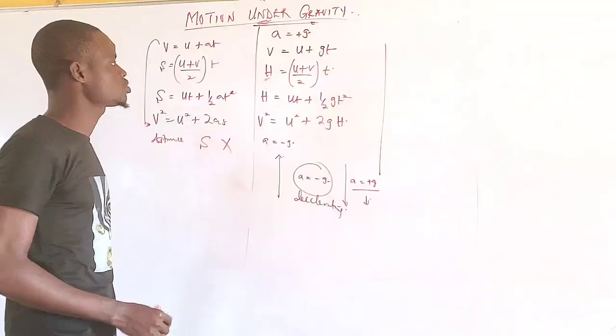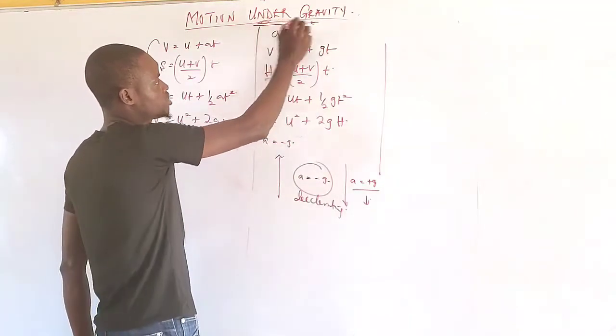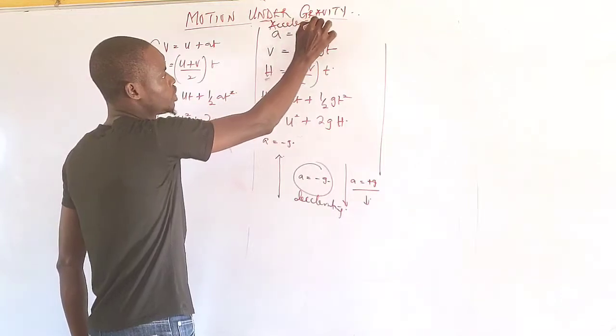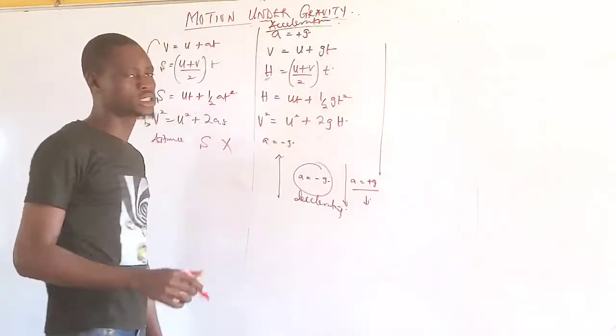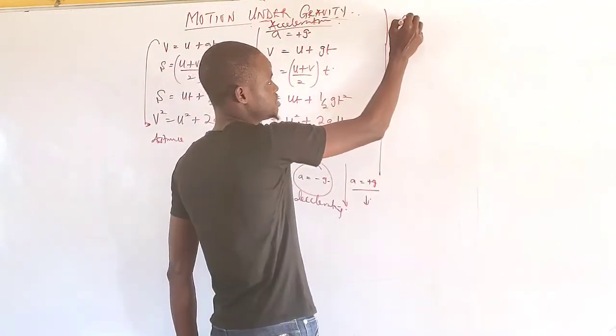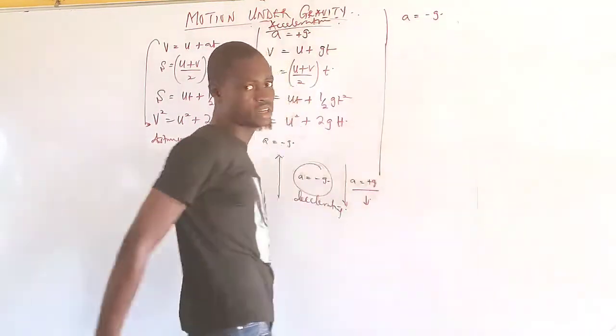Now I can write this equation. The equation that I wrote here is simply for acceleration of the body. What about if the body is decelerating? If the body is decelerating, my A tends to be equal to minus g.